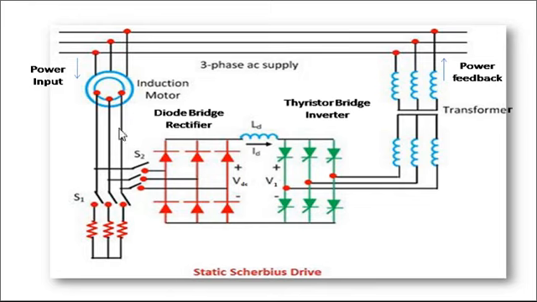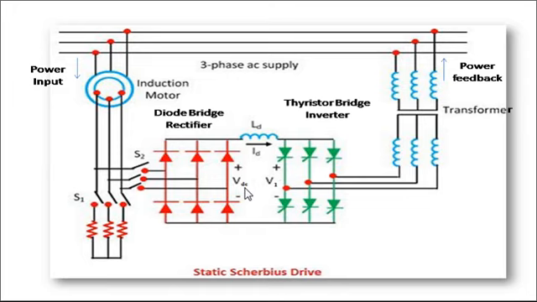Now we can see that the slip ring power is fed to this diode bridge rectifier circuit, and this diode bridge rectifier circuit rectifies the input and DC voltage is developed.